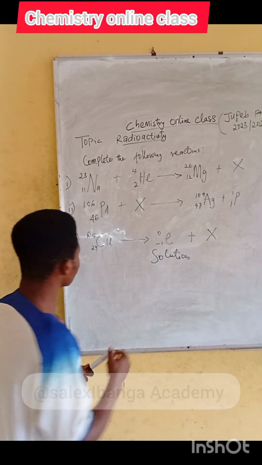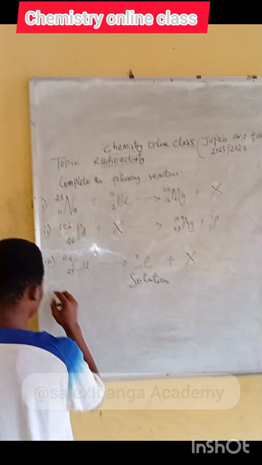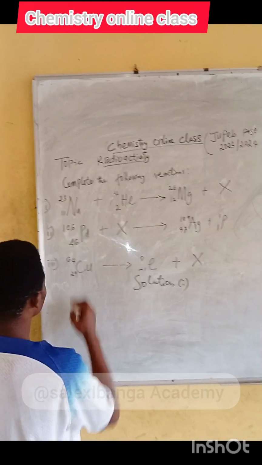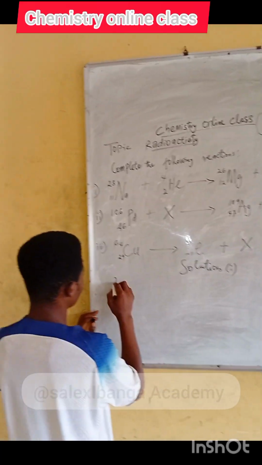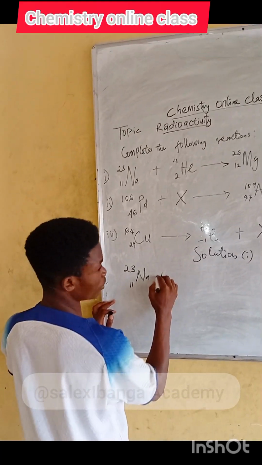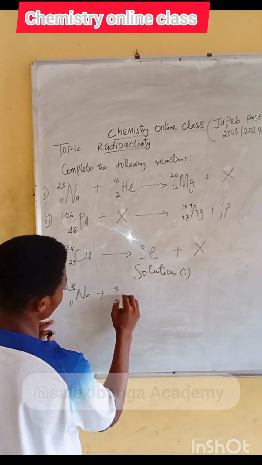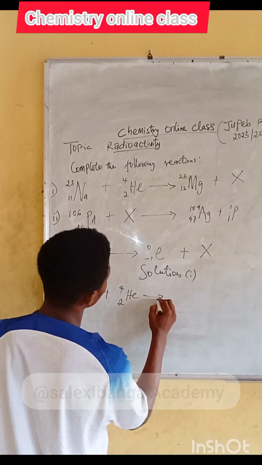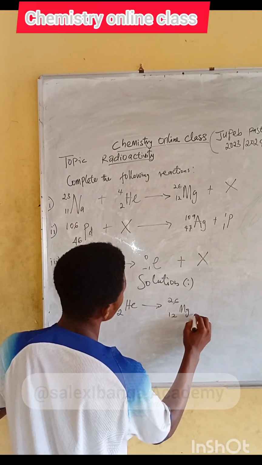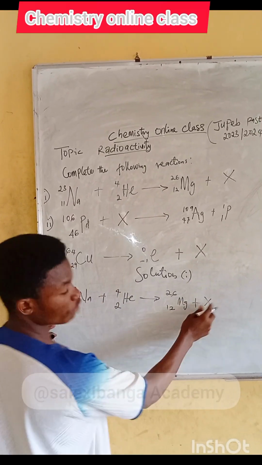So solution 1: 23 11 Na plus 4 2 helium gives 26 12 magnesium plus x. I'm looking for this x.